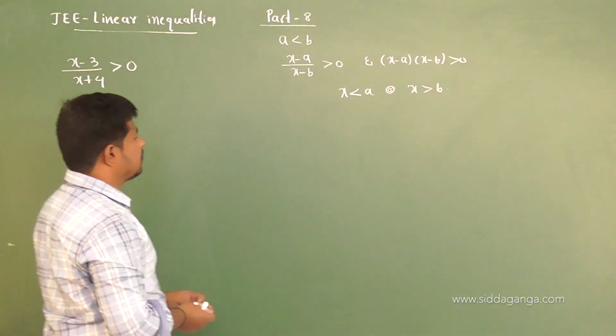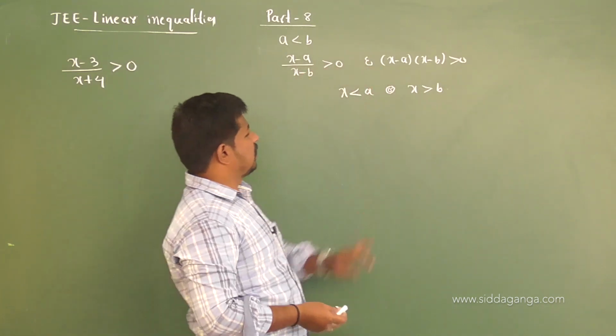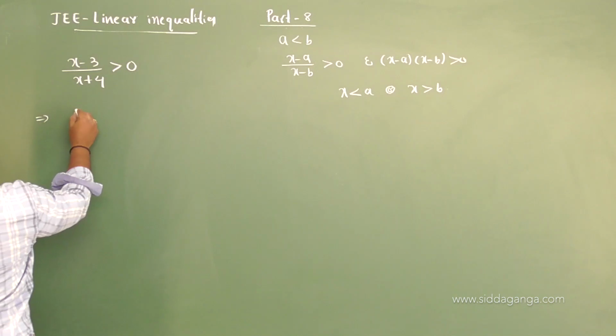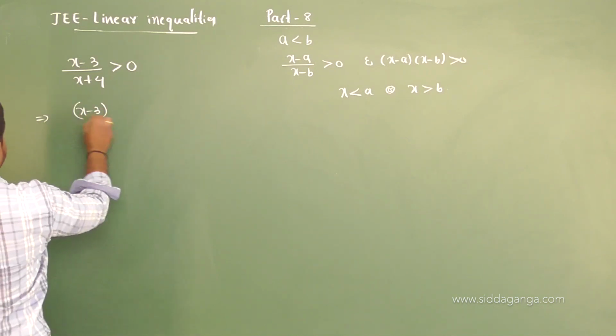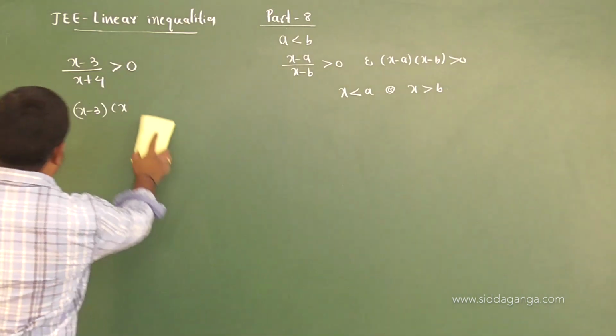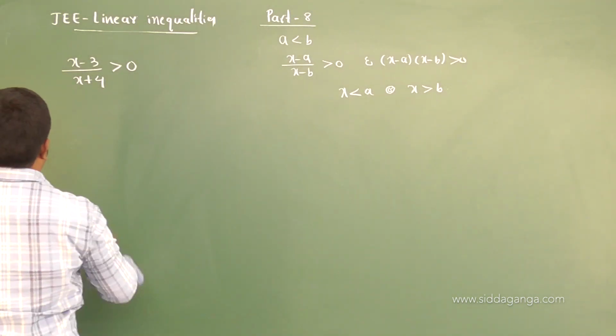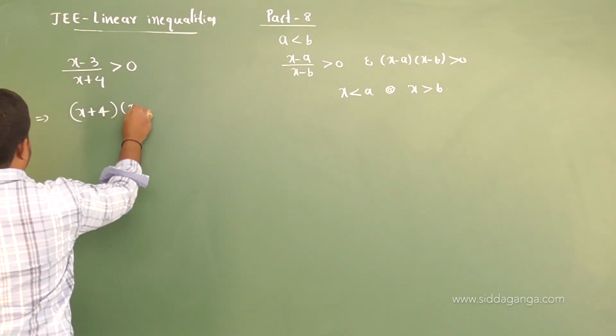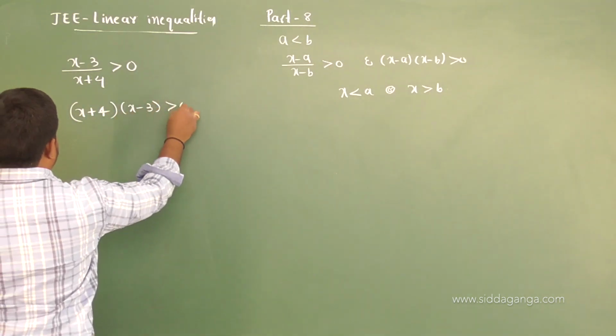So since these two have the same solution set, I can rewrite this as (x plus 4) into (x minus 3) greater than 0.